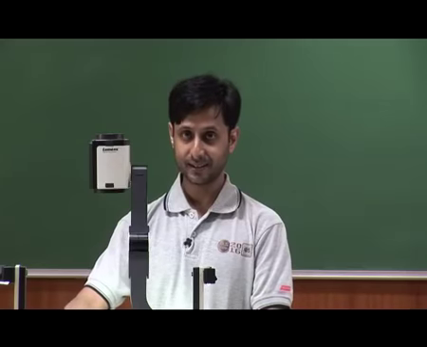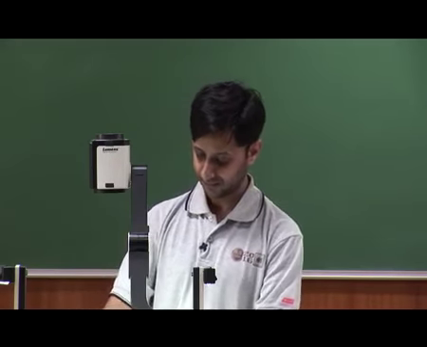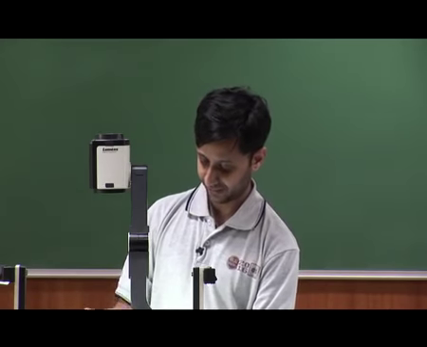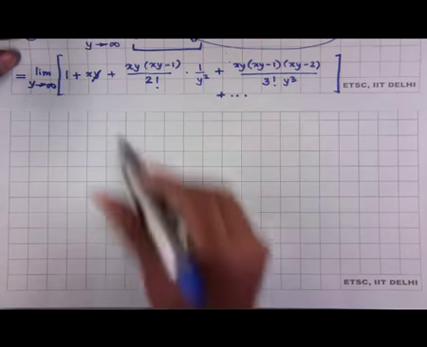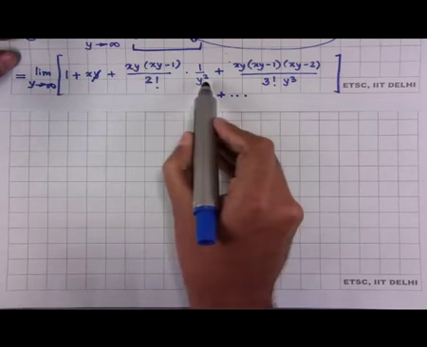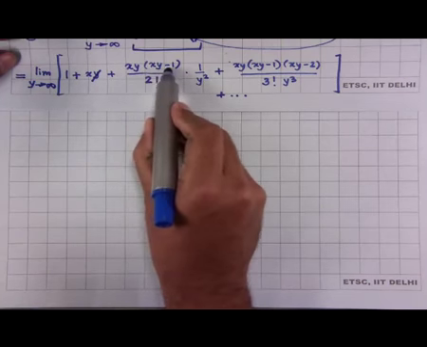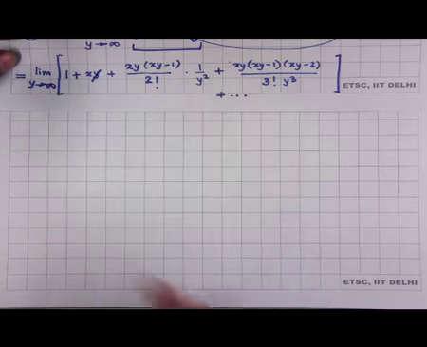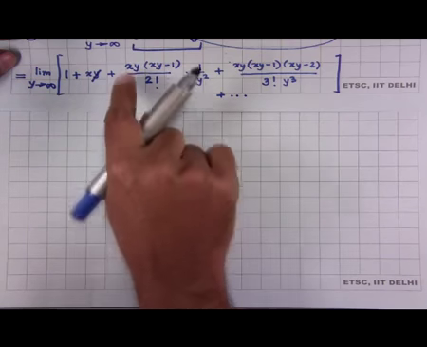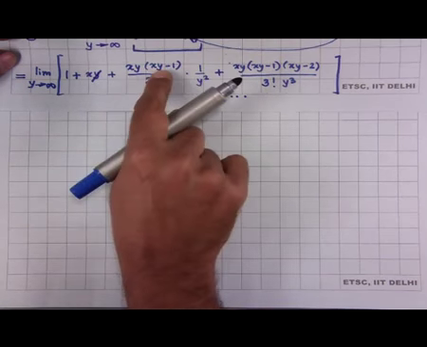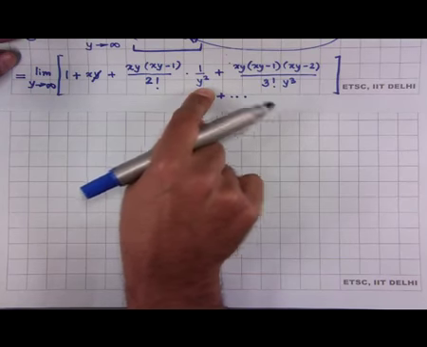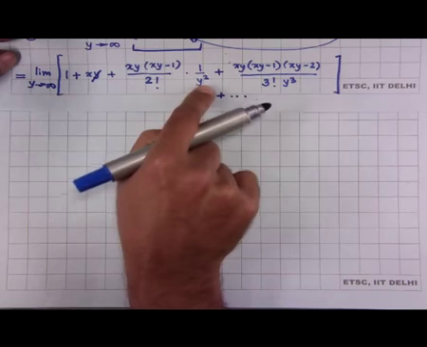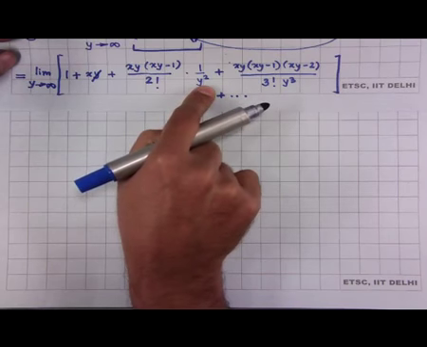and now we are almost there. We just declare the limit y tends to infinity, y is very large. So, you have got x y times x y minus 1, the whole thing by y squared. So, this is x squared y squared by y squared, which is x squared, minus x y by y squared, which is very small.